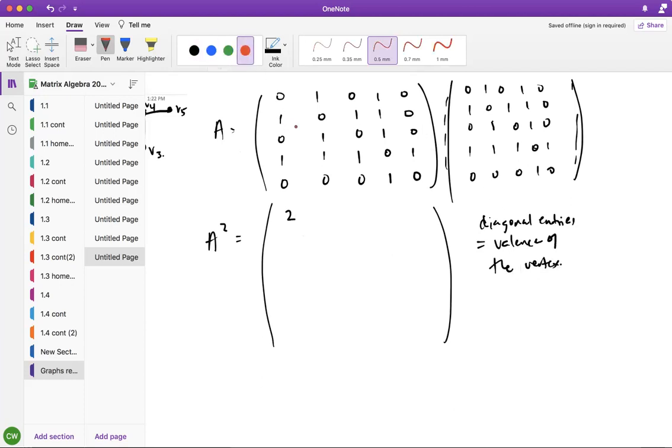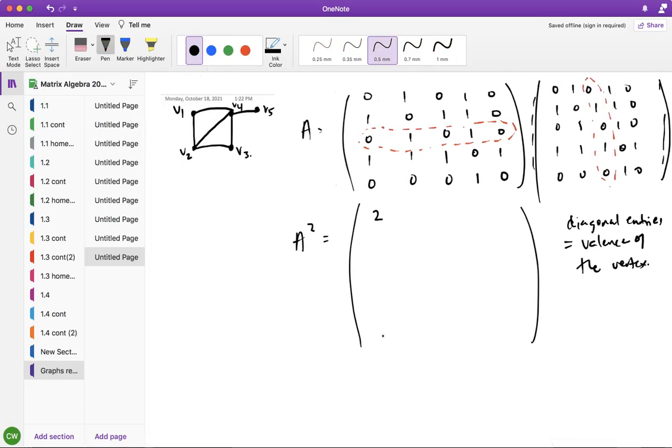If you multiply for the third row and third column, since entries are the same, you will always be getting a 0 times 0 or a 1 times a 1. You'll never get a 1 times a 0. So the diagonal entries of the square will always be the valence.